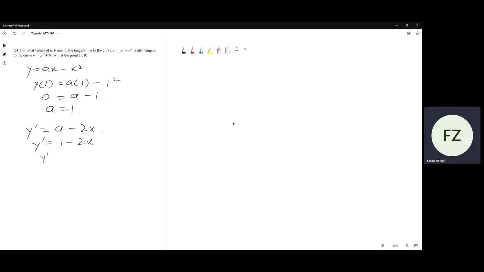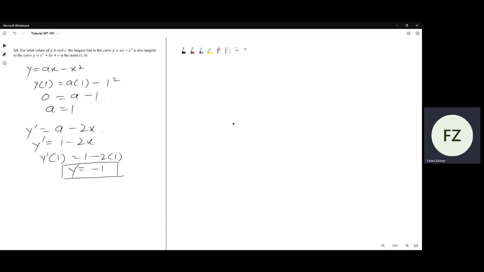So y dash of 1 is equal to 1 minus 2 into 1, which comes out to be minus 1. So this is actually the slope of the curve at the point (1, 0).